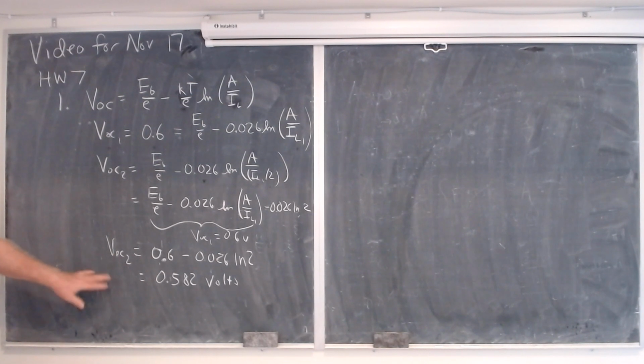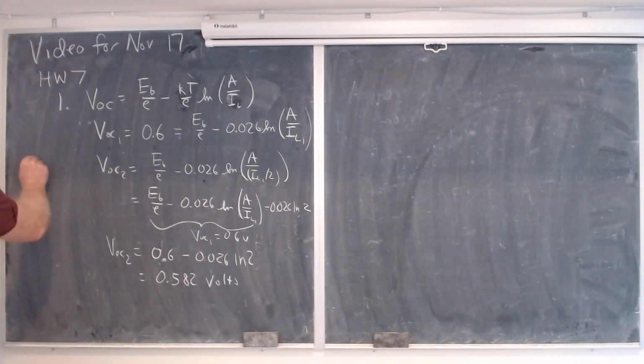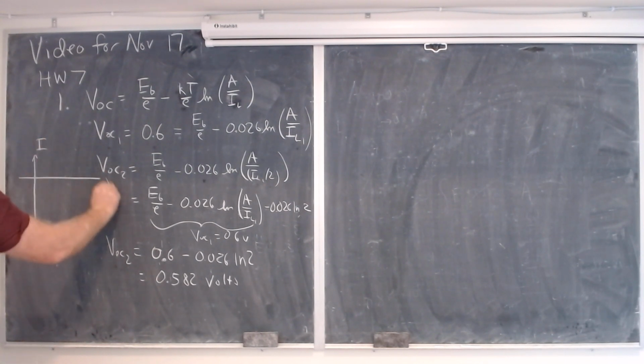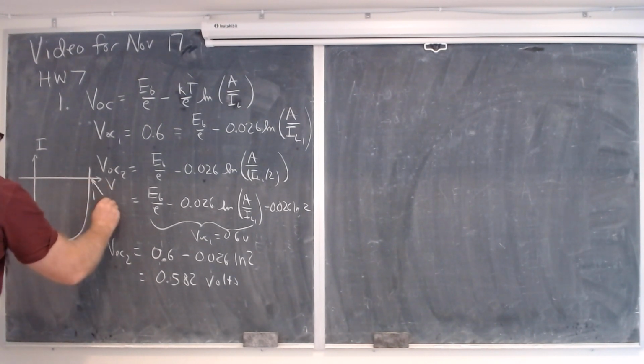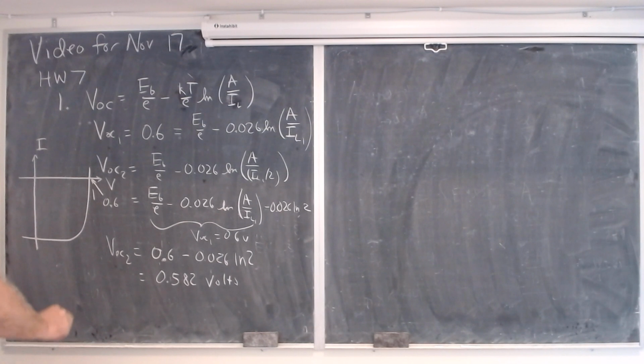Part of the point of the problem was to illustrate that the open circuit voltage doesn't change very much with light level. For example, let me do it over here on the side. On my current versus voltage relationship, if this is 1, that would be 0.6 volts. What would happen when I cut the light in half?